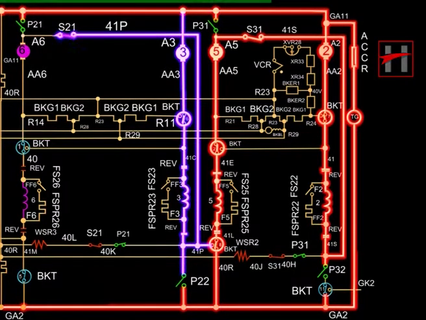This current further flows through series power contactor S21 via cable number 41P and energizes traction motor 6 via cable A6.